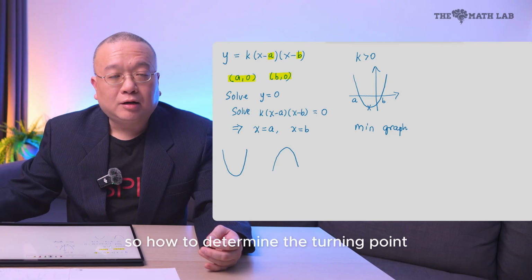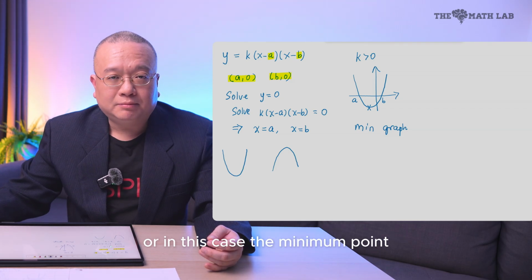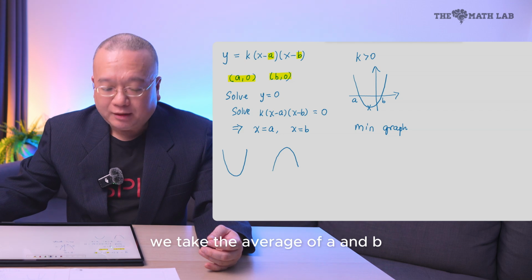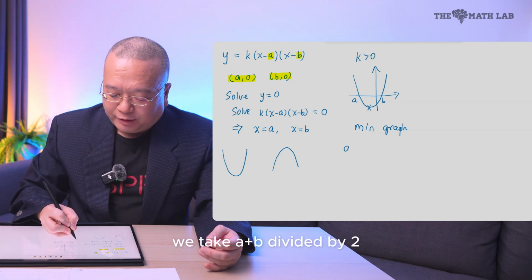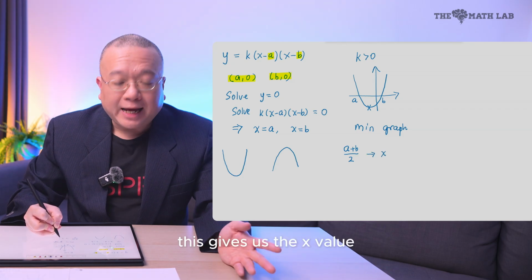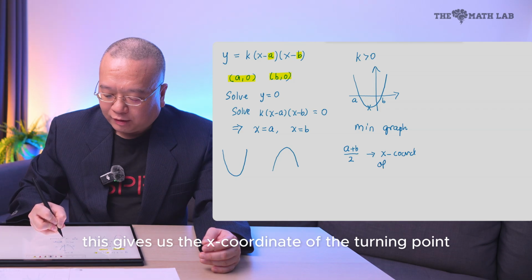Right? So how to determine the turning point, or in this case, the minimum point? We take the average of A and B. We take A plus B divided by 2. This gives us the x value. Okay? This gives us the x coordinate of the turning point.